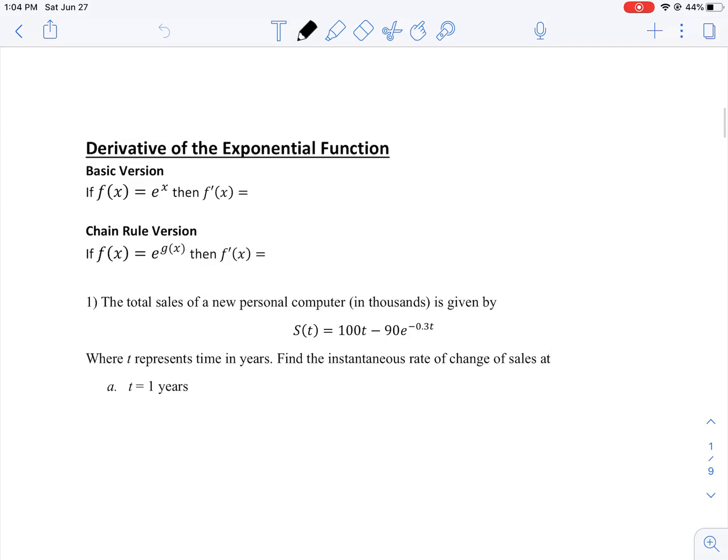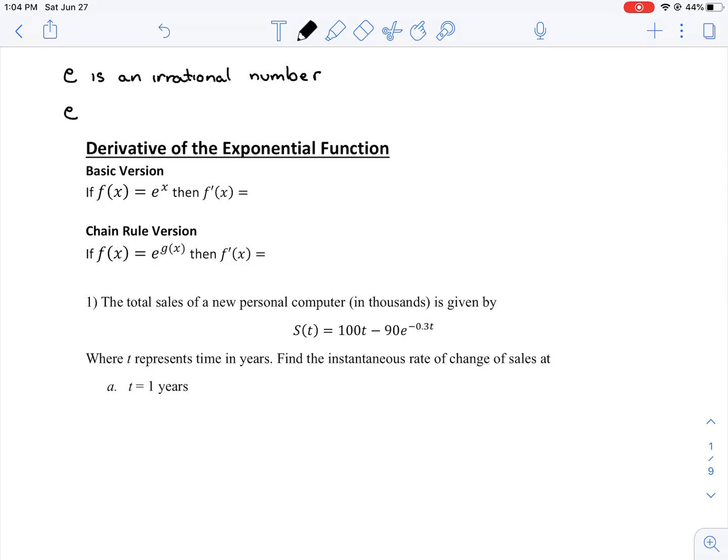Before we find the derivative of the function e, let's be reminded about what e is. e is an irrational number, which means e cannot be written as a fraction with integer parts.